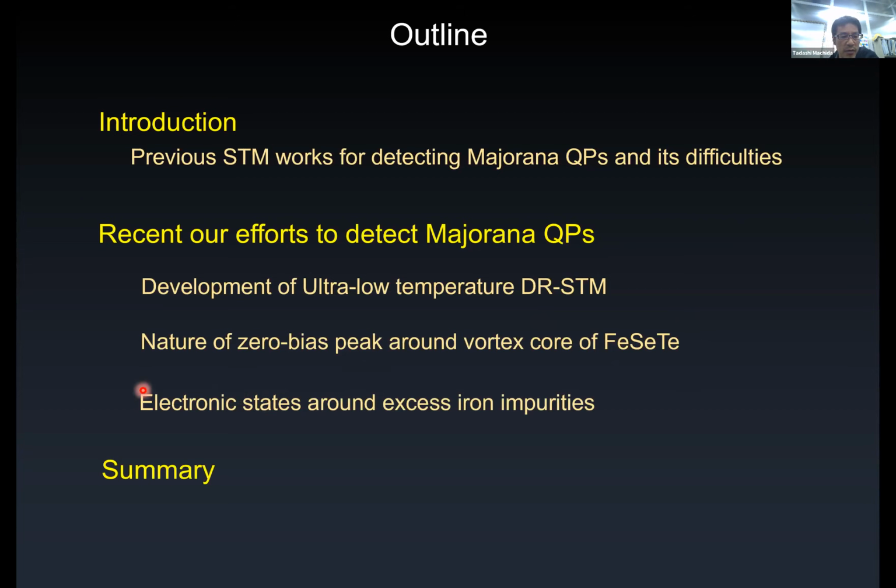And then I would also like to show the electronic states around the excess iron impurities in this selenium-doped iron telluride, where the Majorana zero mode has been theoretically predicted recently. And finally, I would like to summarize my talk.